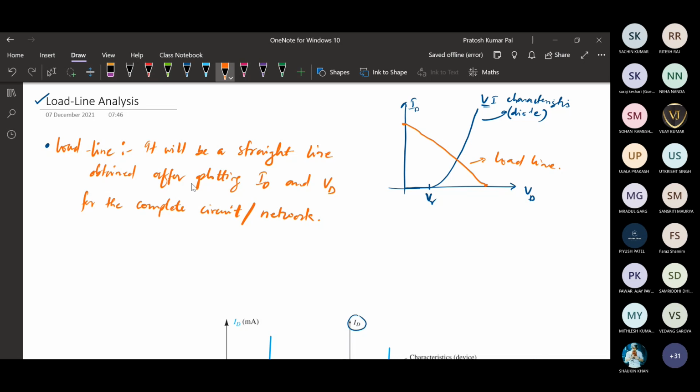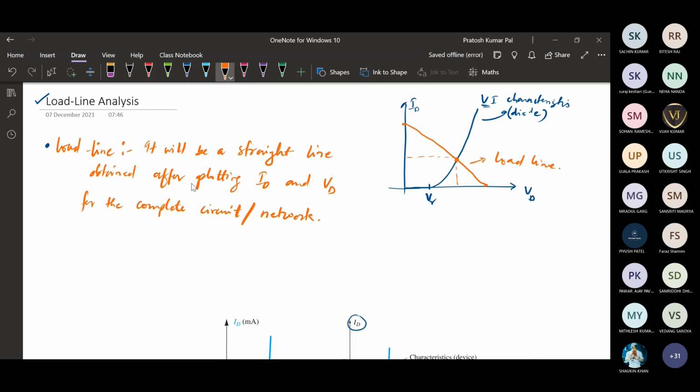At what point do this load line and the VI characteristic of the diode meet? The characteristic is that of a device, which can be a diode or a transistor or whatever component we are analyzing. Whatever the behavior of the diode is, that is the curve, and this is the DC load line where it cuts. This is your Q point.